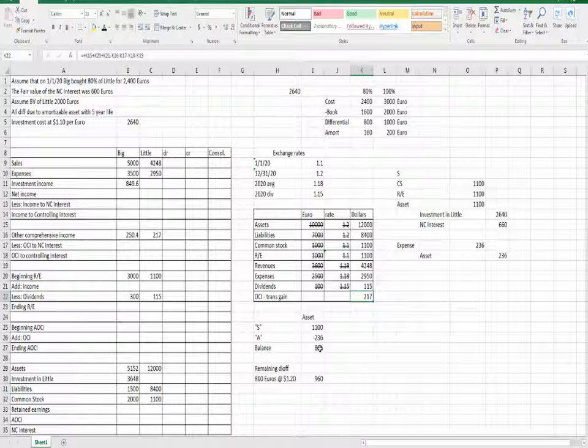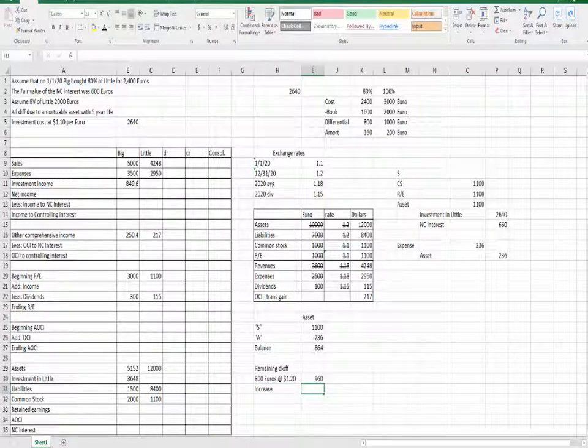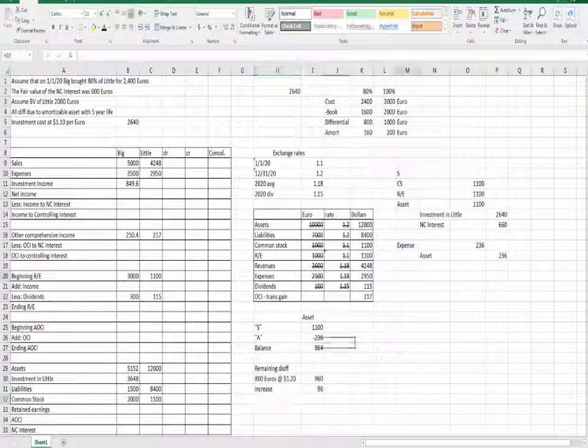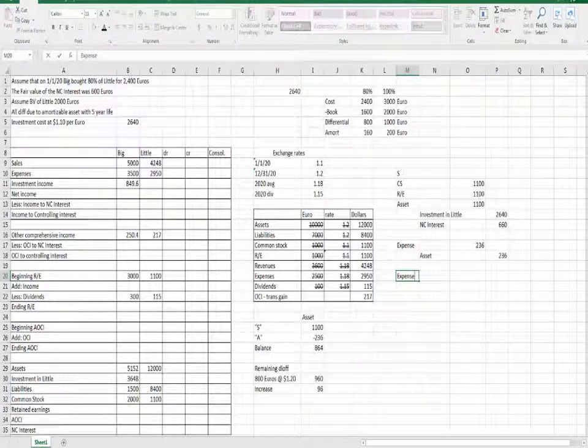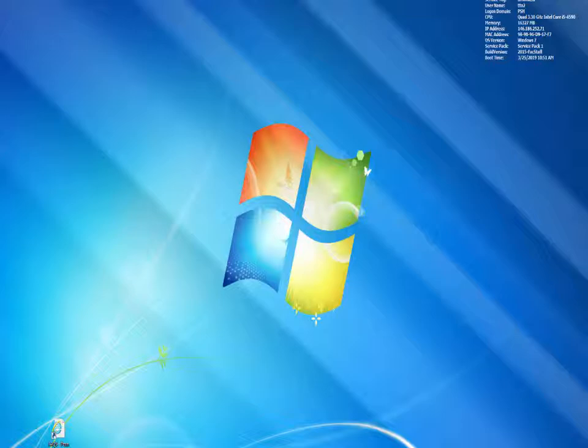Basically, we have to write up that asset from its current value of 864 to 960, an increase of $96. So we're going to write the asset up by $96, and that's going to be another form of other comprehensive income.